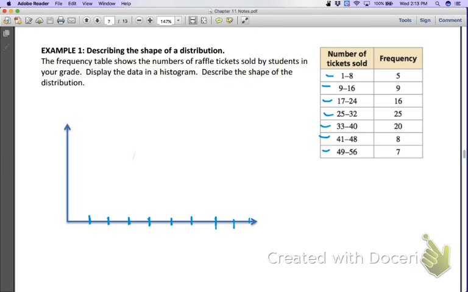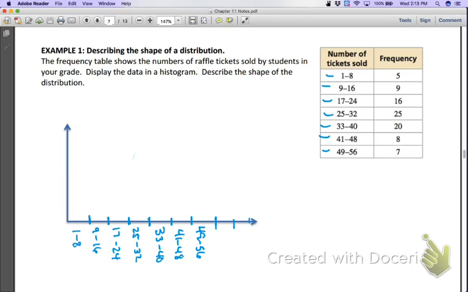Don't zoom in too early so you can actually fit it in there. My fault. And then 49 to 56.